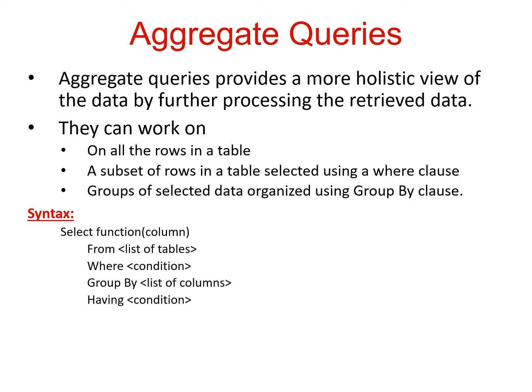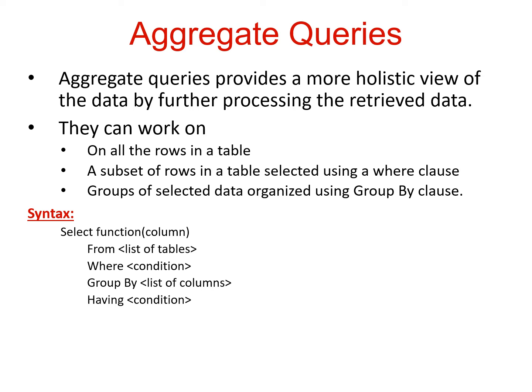Here I am showing you aggregate queries. Aggregate queries provide a more holistic view of the data by further processing the retrieved data. They can work on, number one, all the rows in a table. Number two, a subset of rows in a table selected using a WHERE clause.